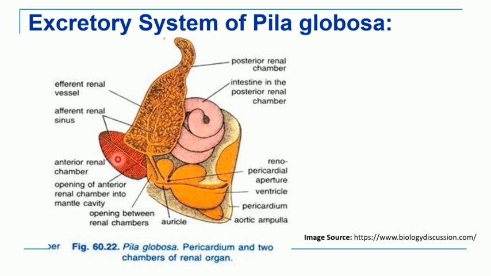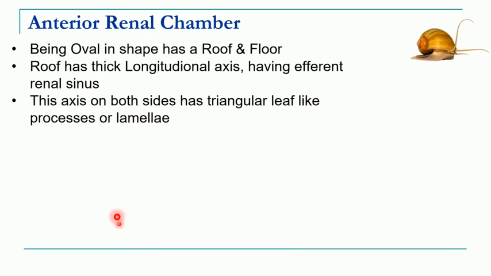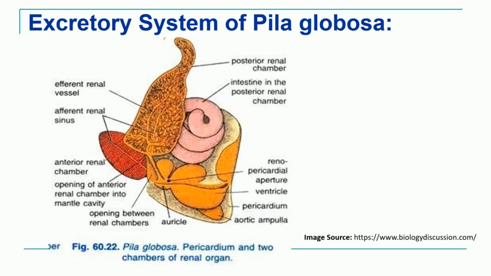So you can see these linear processes on both the sides. These are leaf-like structures, so they are also referred to as lamellae. So the axis of this efferent renal sinus has triangular leaf-like processes. These are also called lamellae.